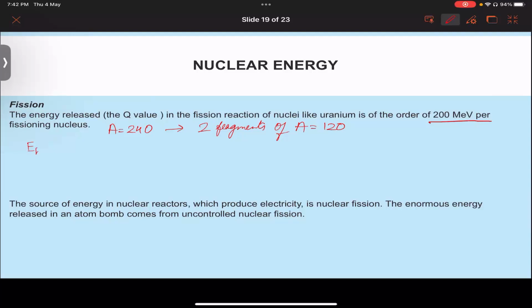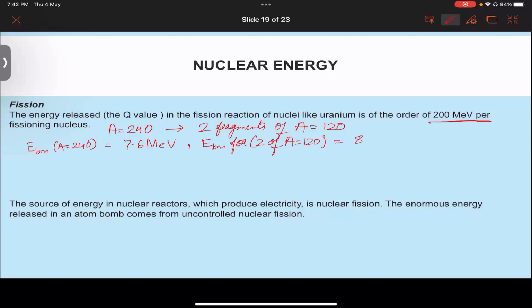So EBN for A equals 240 will be 7.6 MeV, whereas EBN for the two nuclei with atomic mass 120, the fragments, is going to be 8.5 MeV.